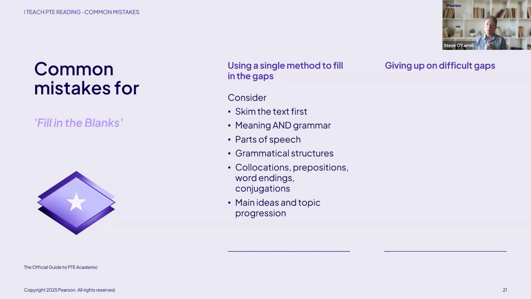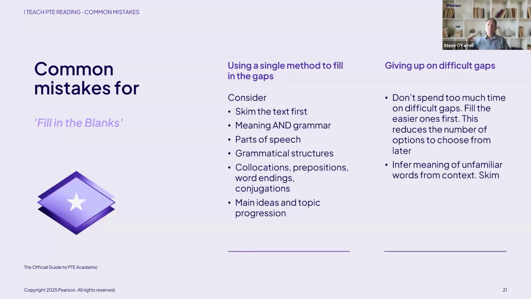Now, the second common mistake is giving up on difficult gaps. Let's say you've got a number of gaps in your text and words down below, and you're not entirely sure of the meanings of everything. But here's the thing: find the easier ones first. Once you fill in the easier gaps, you're reducing the number of words to choose from, and then it might be easier to start to make connections.